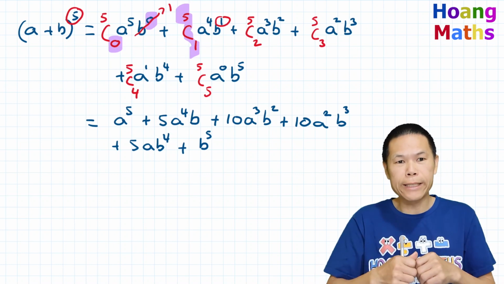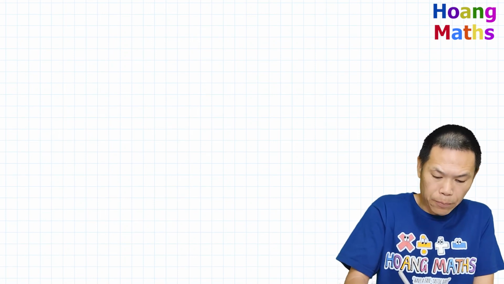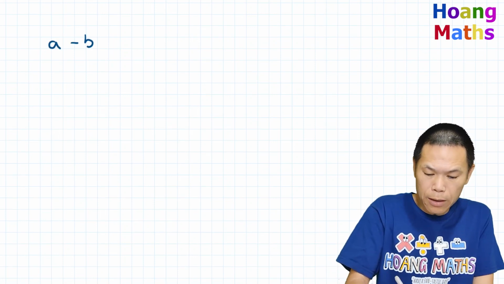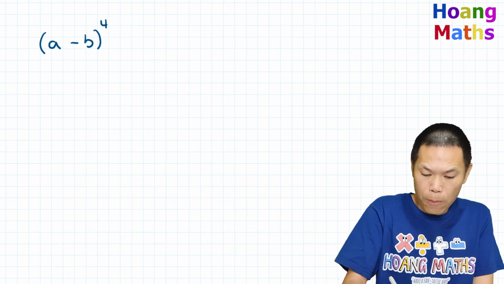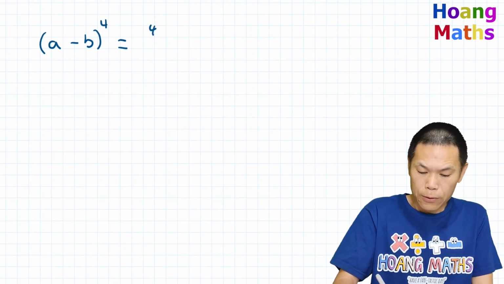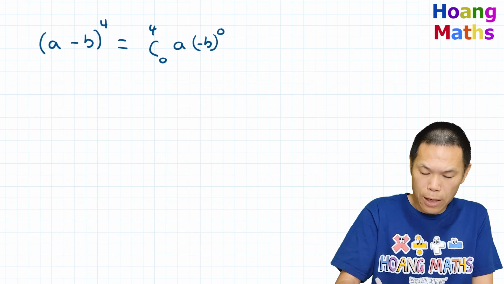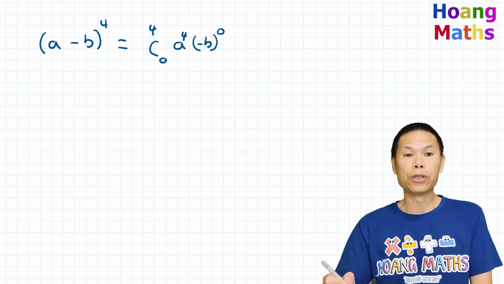Let's go through another example. Let's say I want to expand (a - b) power 4. So that is equal to, we have 4C0 and then a, we have negative b power 0 and a power 4. So there you go.